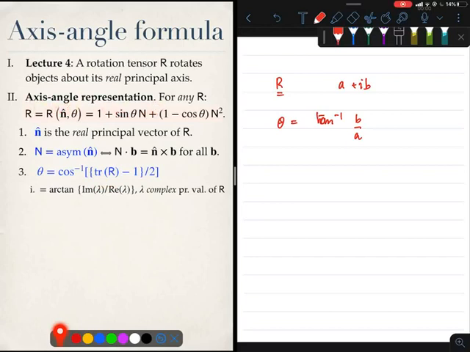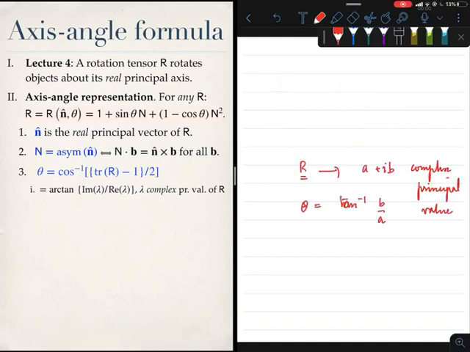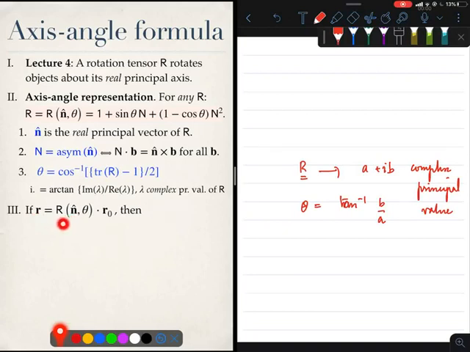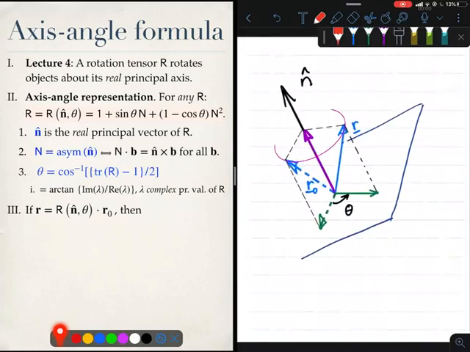I have a few more comments upon that. This is an important comment about the axis angle representation. Let R be the outcome of a rotation tensor which rotates all objects about n by angle theta. So this rotation tensor operates on a vector r0 and produces R. That's this picture which you have already seen many times by now.